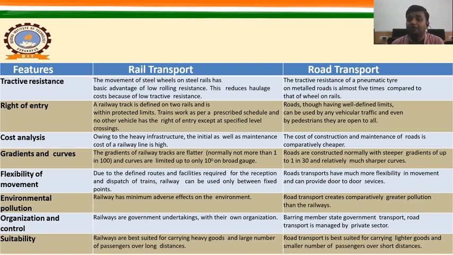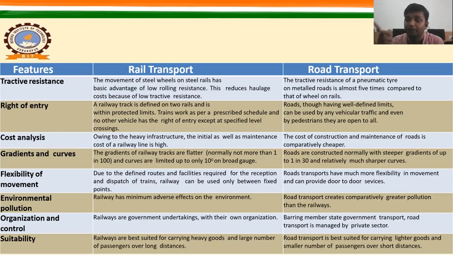Because here we have the pneumatic tire, and there we have the steel rails as well as the steel wheels. When the steel wheels roll on the steel rails, there will be low rolling resistance.